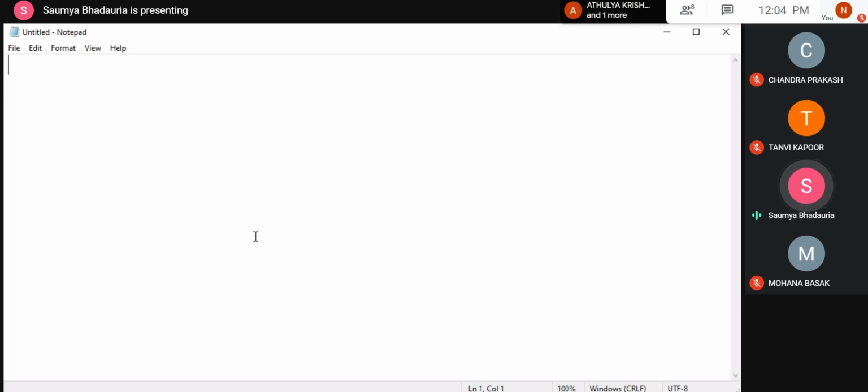You can use that address to launch or to copy a particular section of code, or you can use the return address of that memory location to execute a function. So the majority of the attacks which we have considered till now are DoS, DDoS, and the buffer overflow attacks.